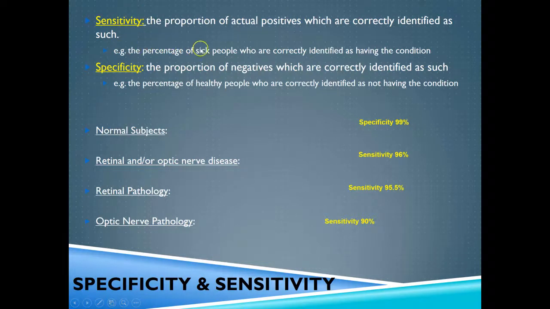Sensitivity is the percentage of sick people who are correctly identified as being sick. And the specificity is the percentage of healthy people who are correctly identified as not having a condition. In normal subjects, specificity was 99%, and in patients with retinal and optic nerve disease, sensitivity was 96%. So remarkably high numbers, which really tells us OCT perhaps does have a place in screening everybody.